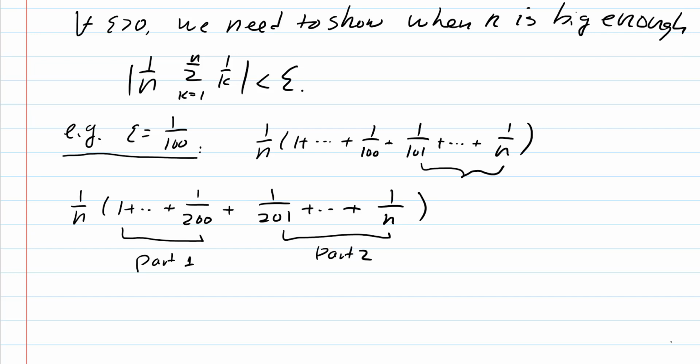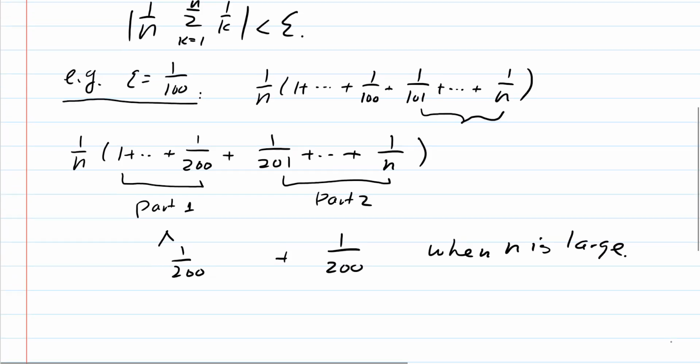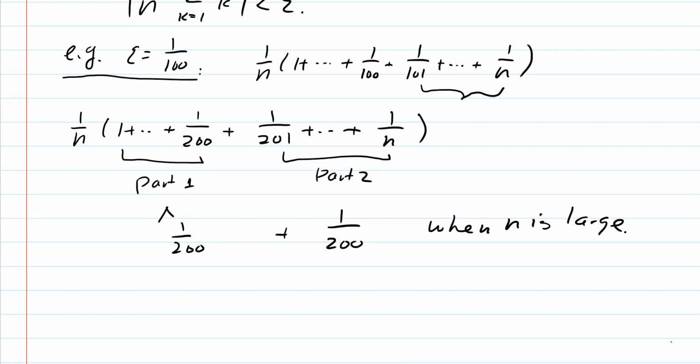And we're going to show part 1 is less than 1 over 200. And then part 2 over here is also less than 1 over 200 when n is large. If that's true, then we have the sum is going to be less than 1 over 100, right?